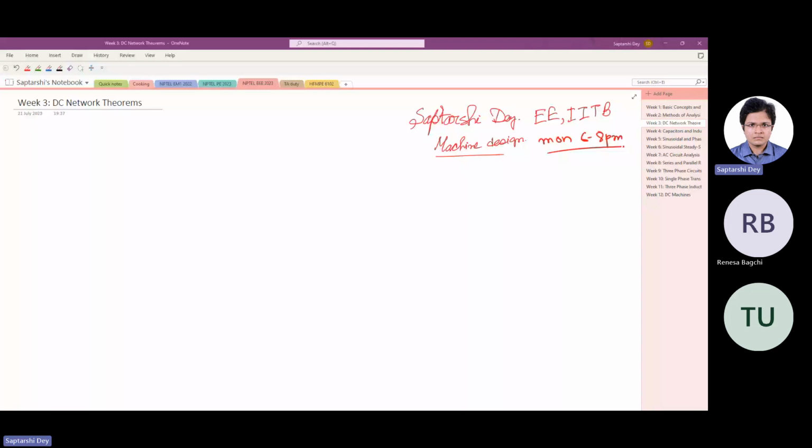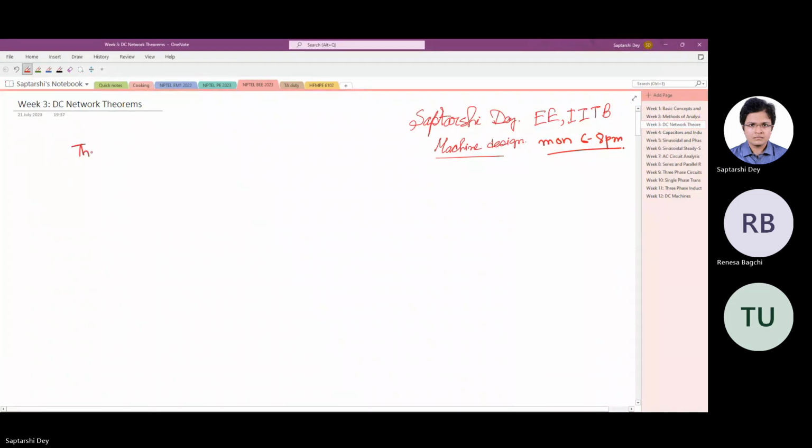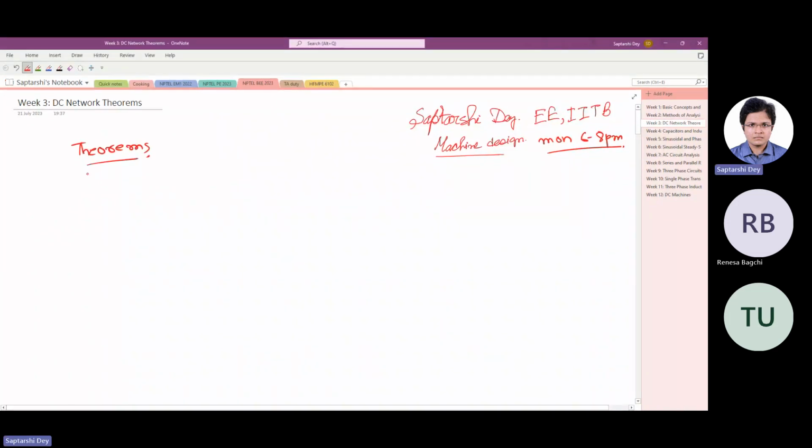So in today's session, we'll cover the materials of week 3, which is termed as DC network theorems. Can you guys quickly tell me which theorems are covered in this week's lectures?